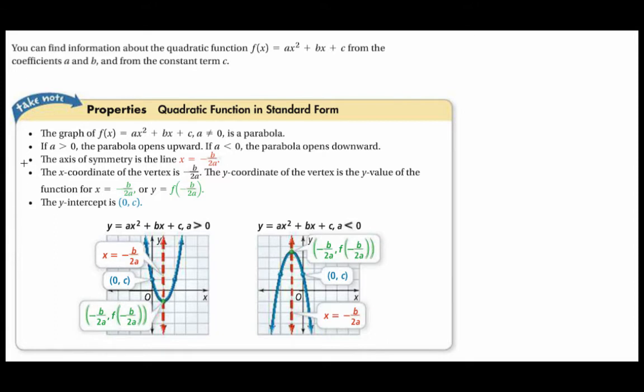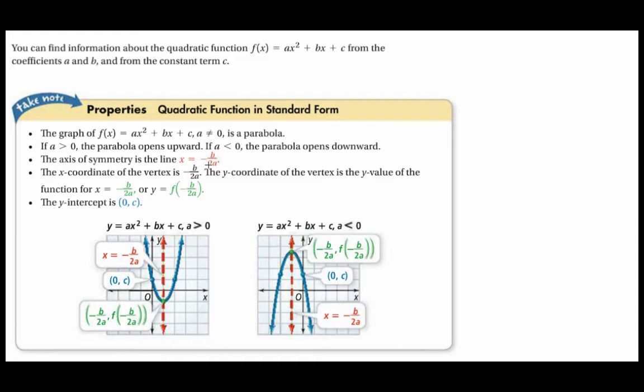Here's where we get into the tools that we need if we're working with the function in standard form. The axis of symmetry is the line x equals negative b over 2a. And b and a just come from our standard form. The x-coordinate of the vertex is negative b over 2a, and it makes sense that the x-coordinate of the vertex is the same as this formula for the axis of symmetry, because the axis of symmetry runs through the x-coordinate.